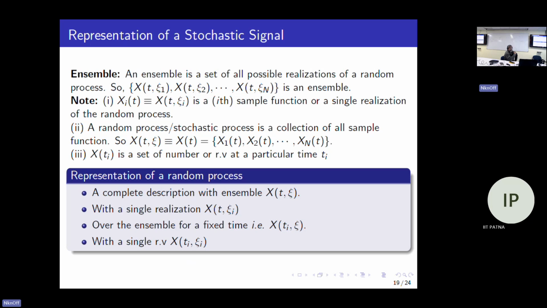That means it is a collection of x(t, zeta). That means it is a collection of x_1(t), where x_1(t) means x(t, zeta 1). I am making that notation because that is the way it is used. x_2(t) means x(t, zeta 2), and x_n(t) means x(t, zeta n).